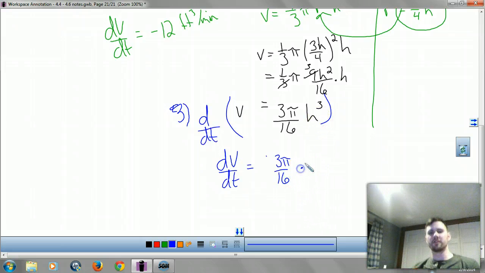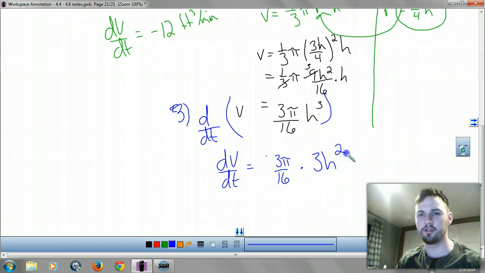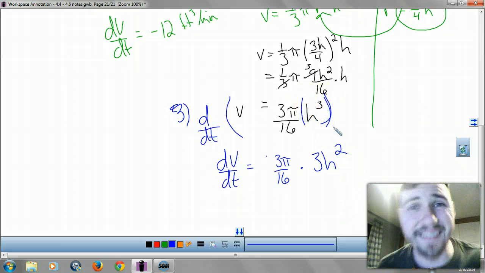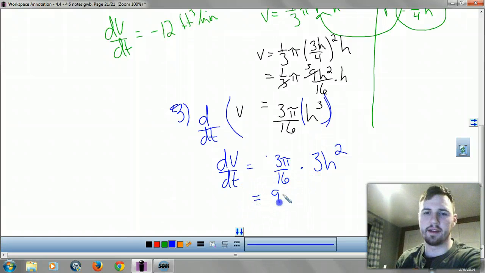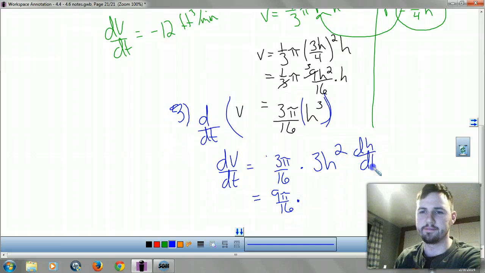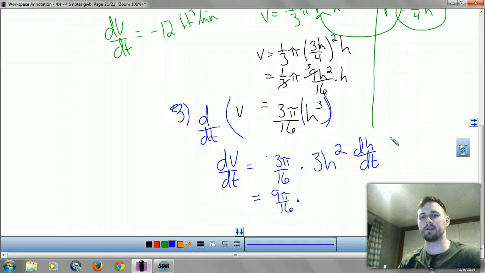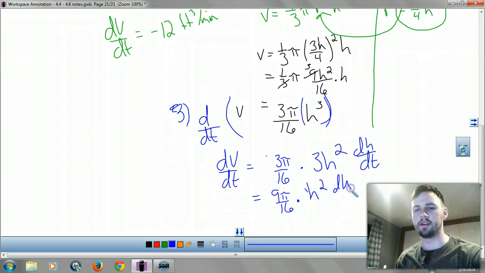So for the h, it becomes 3h squared, right? Because remember, pi is just a number, it's not a variable. So this is actually 9 pi over 16 h squared times dh over dt. Can't forget about that guy.